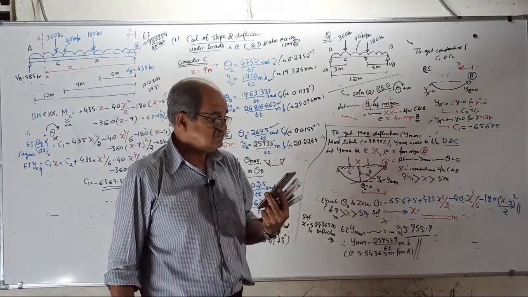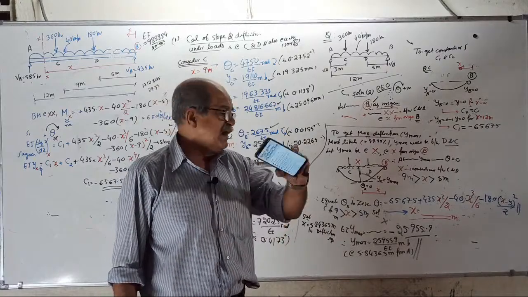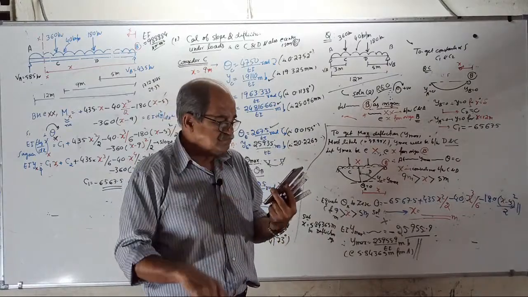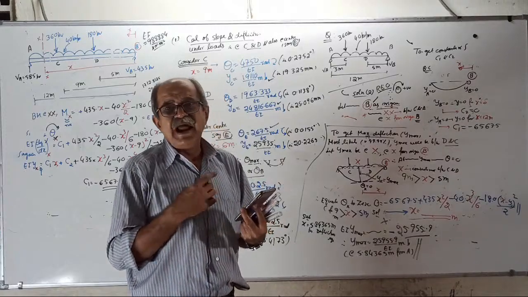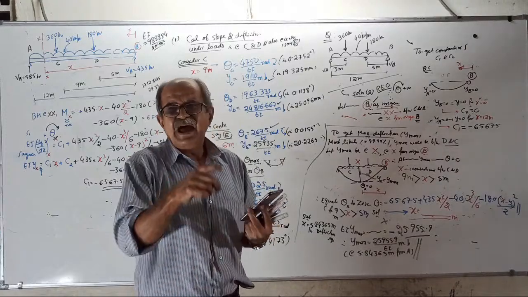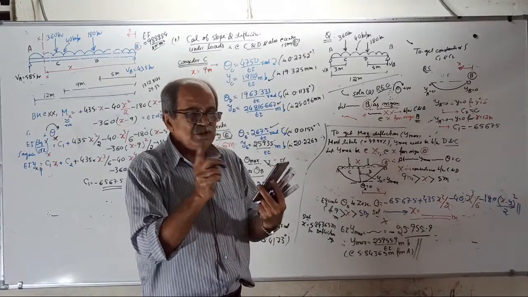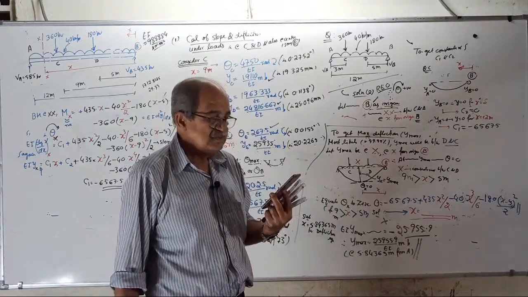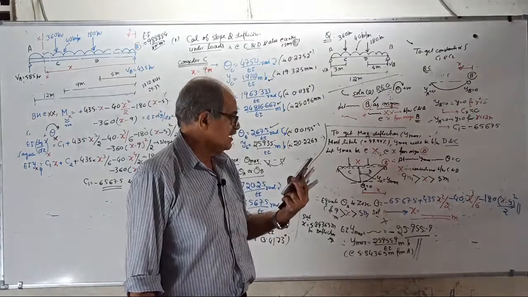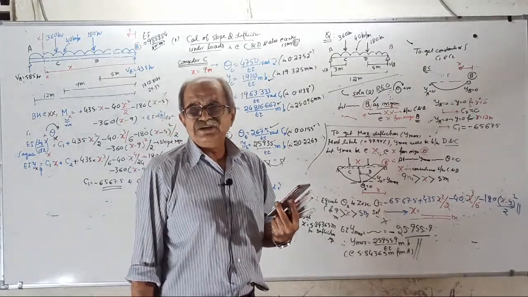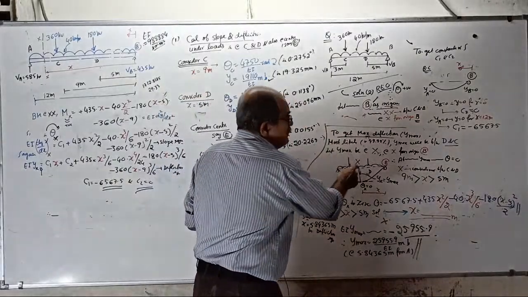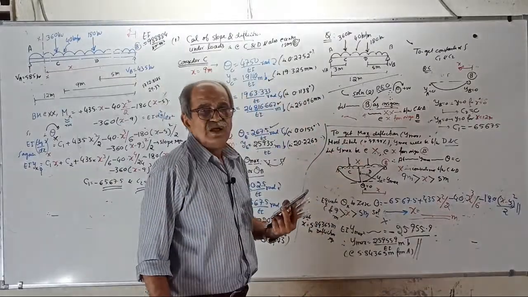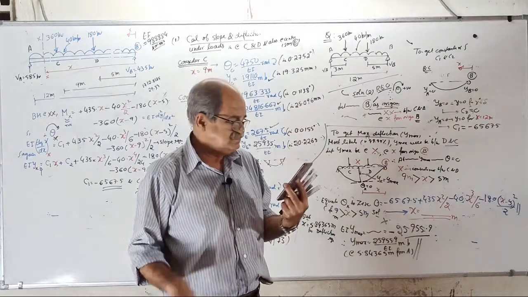Fast, fast. You are wasting time. There is no other way. Answer: how much x should come from right hand? Because that point will remain there only. You are unnecessarily wasting time.